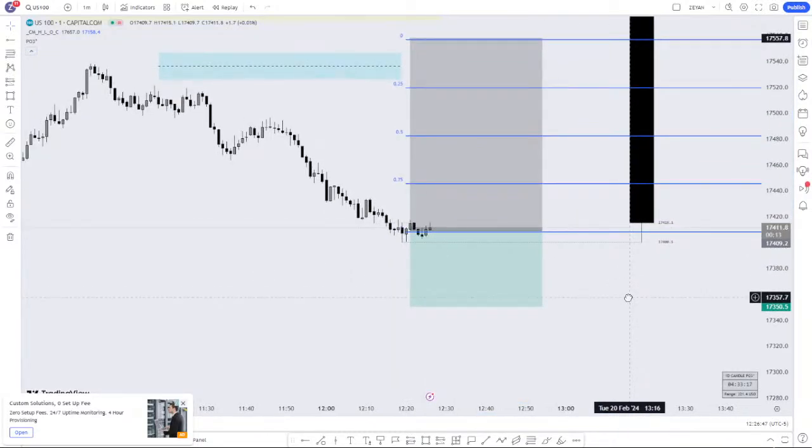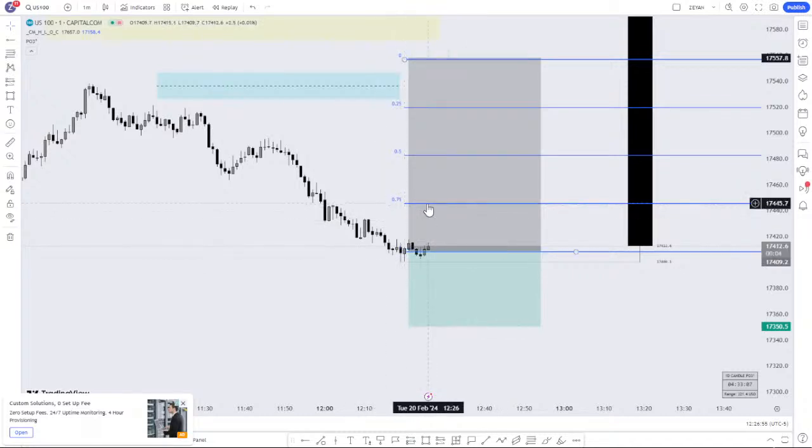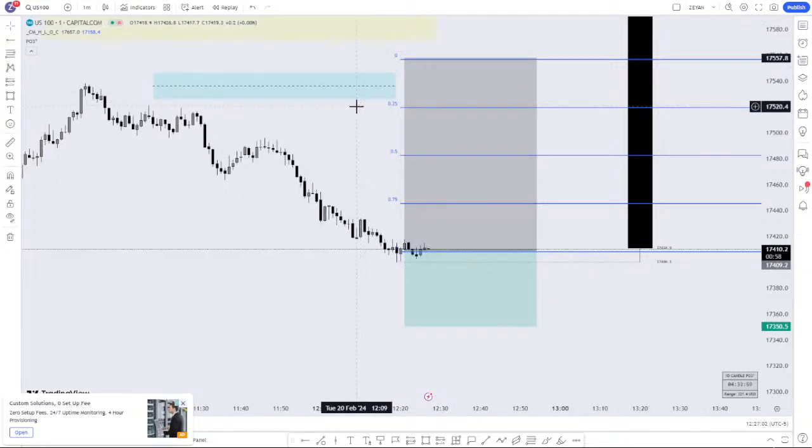I'm still in a trade. Maybe I'm making a little less money, but it's okay. The dollar amount from here to here would be the same, here to here would be the same, from here to here would be the same, but the standard deviation would be the smallest at the highest lot size.